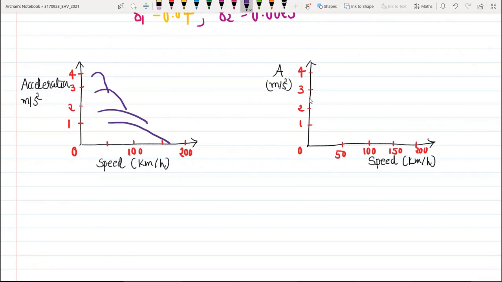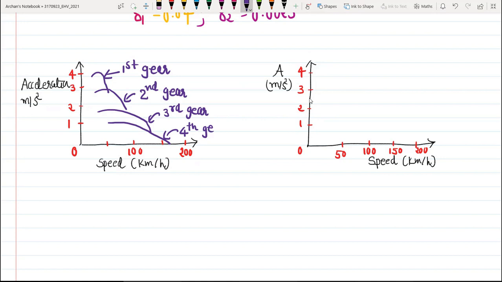So this will be the characteristics for first gear, second gear, third gear and fourth gear.